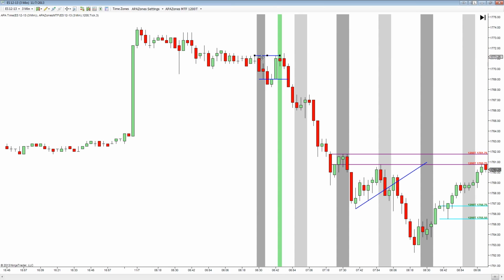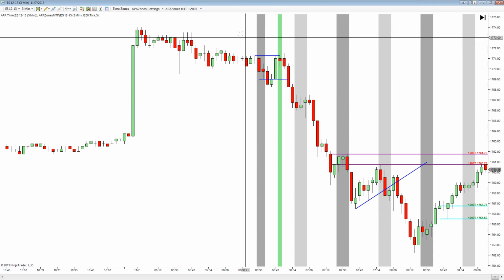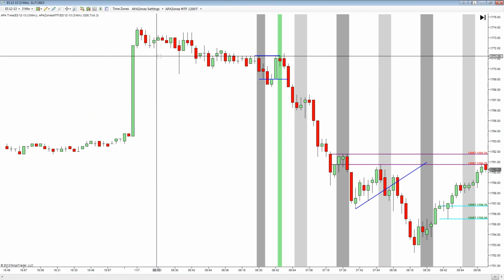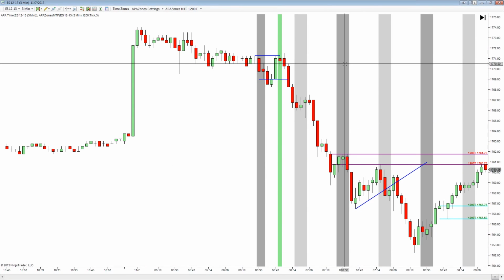I don't know why it is the way that it is, but it seems like a lot of times when you do get a close below the first 5 minutes, something happens there. So again, just trying to give us some context. If we're up in supply at this time, actually I don't know here on ES, just because I don't have any other bigger time frames open.